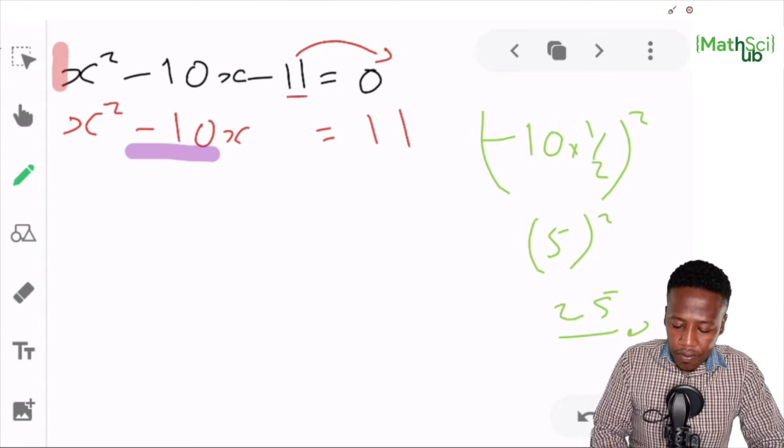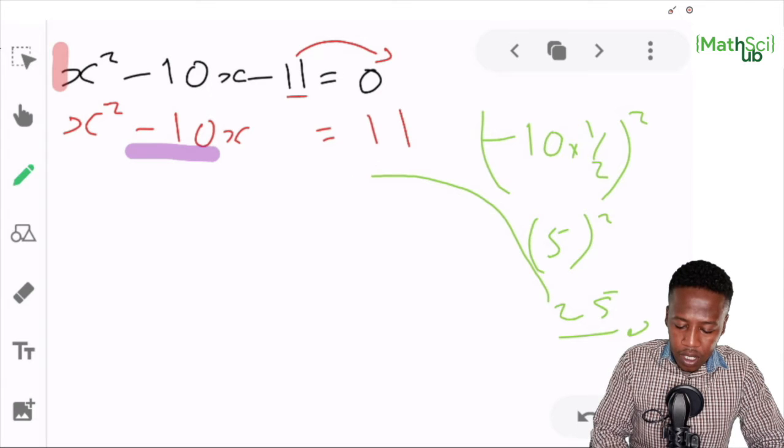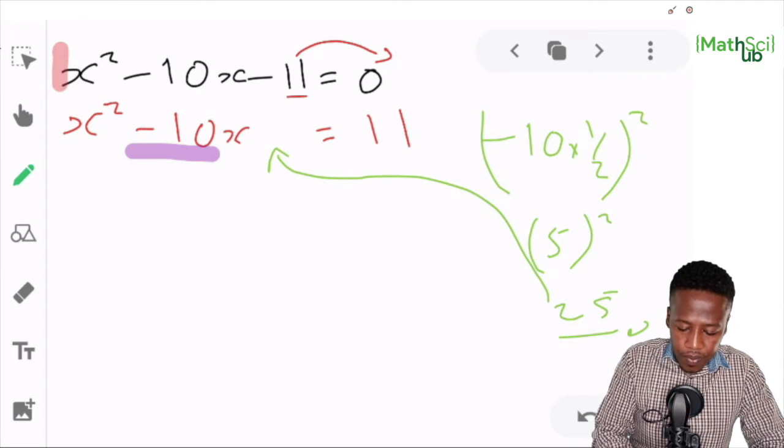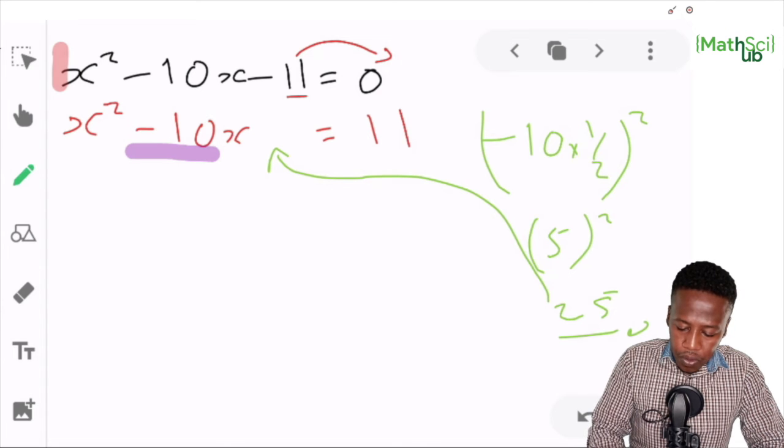Then this 25 you put back into your equation, and you also put it back here. What you do on the left, you do on the right. So whatever I insert here, I also need to do on the other side.